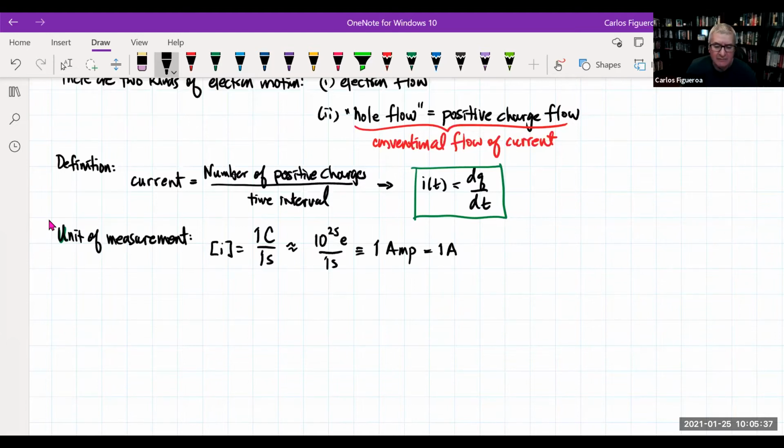So let's look at our sign conventions. What do I mean by a sign convention?